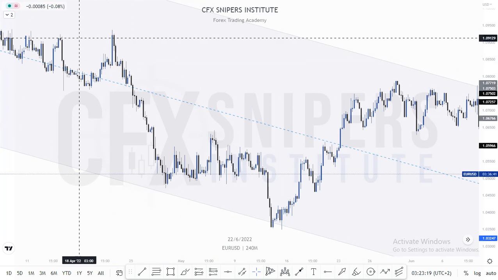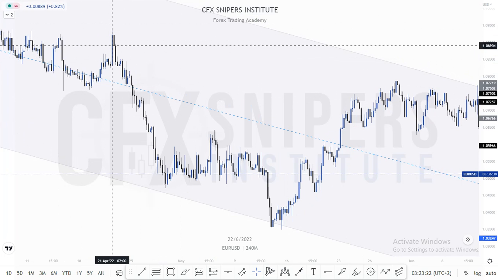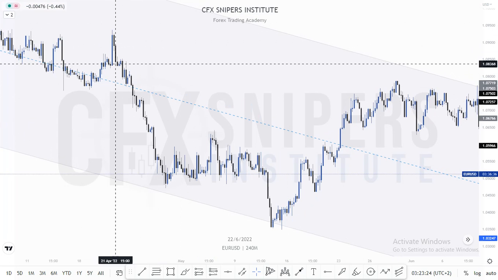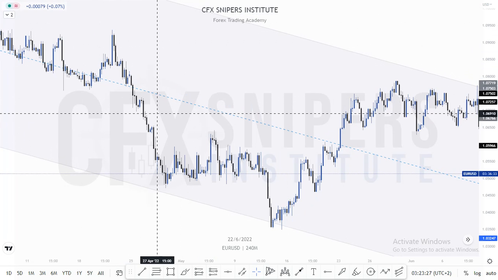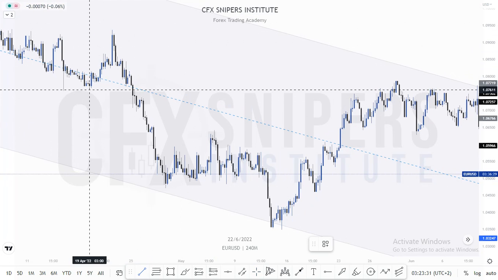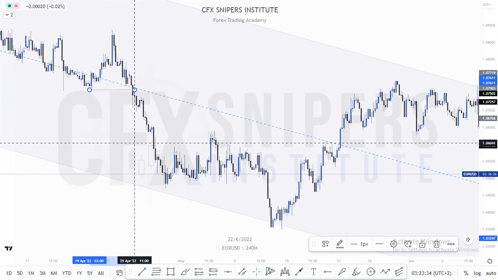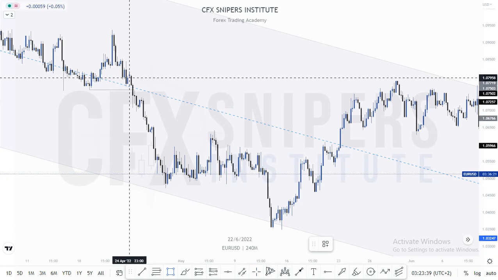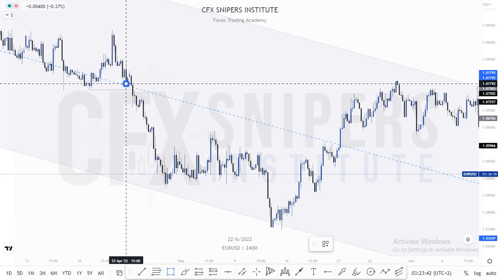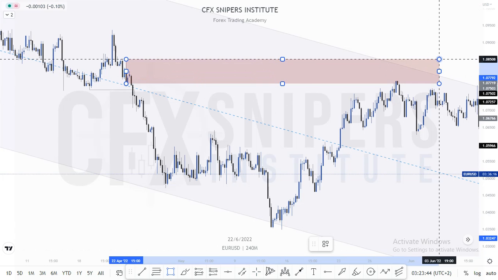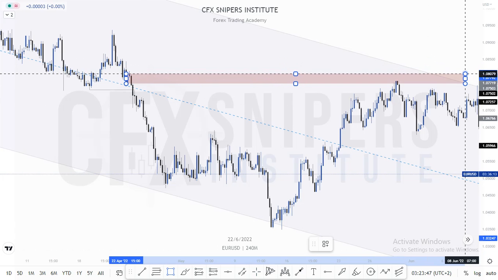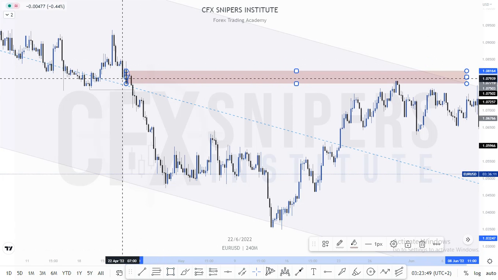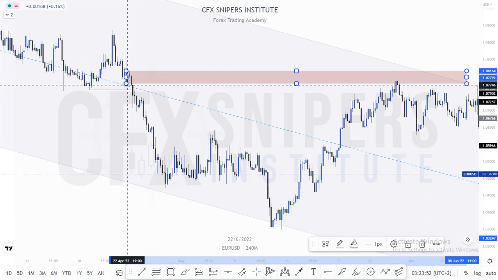When it broke this low, when it broke this zone, it left us this supply zone right here, left us that supply zone.